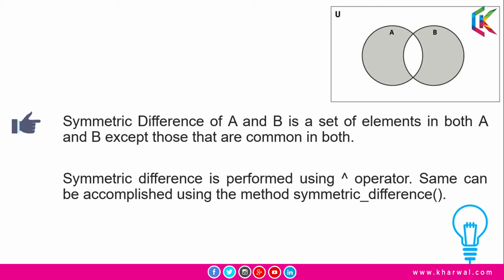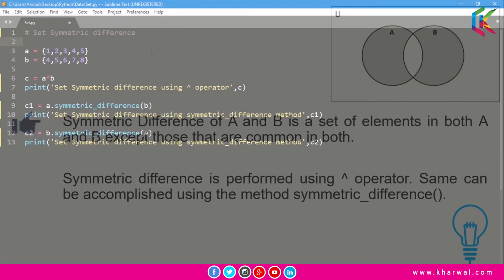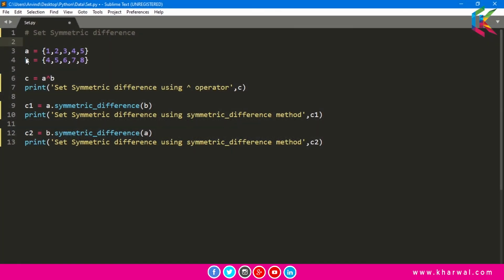So guys, let's open up the Sublime Text and I will show you the working of set symmetric difference. We have two sets A and B, and these are the elements of these two sets, and in the next statement I am trying to find out the set symmetric difference between A and B. As we know, the symmetric difference of A and B is a set of elements in both A and B except those that are common in both.